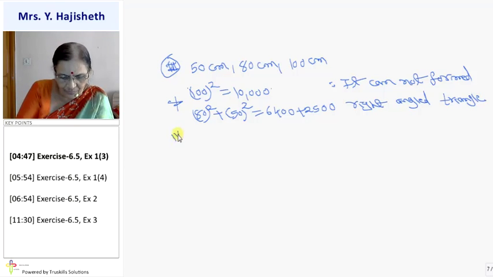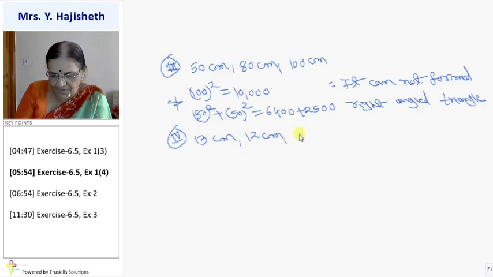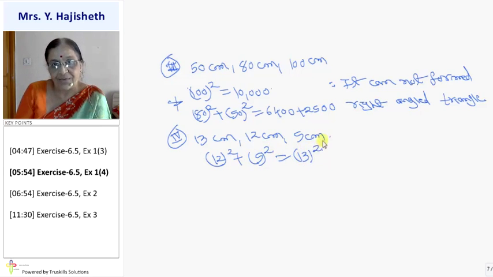Fourth sum is given like this: 13 centimeter, 12 centimeter and 5 centimeter. It is a triplet. 12 square is 144 plus 5 square is 25. 144 plus 25 is 169, and 169 is 13 square.